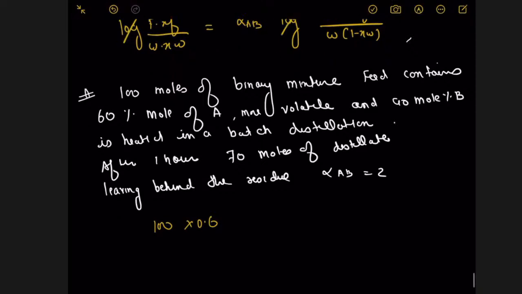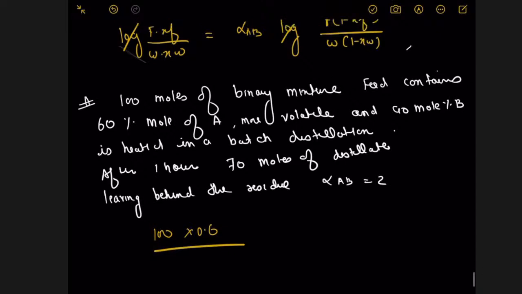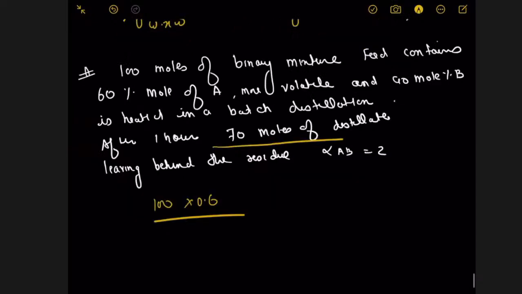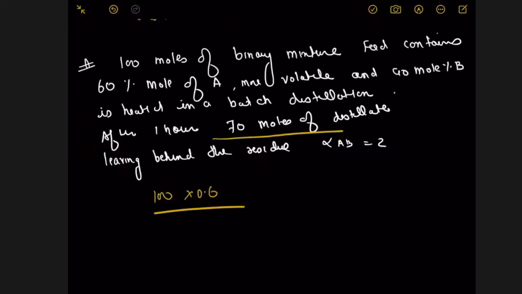Upon this, what more data is needed is that we have to calculate the average mole fraction of A in the distillate. Here 70 moles is in the distillate, so the residue will be 30 into xW, the remaining.